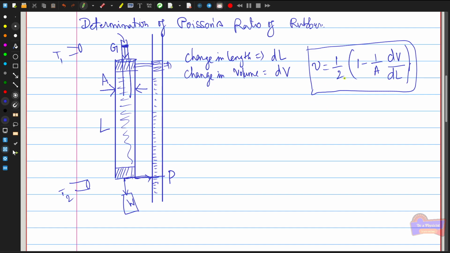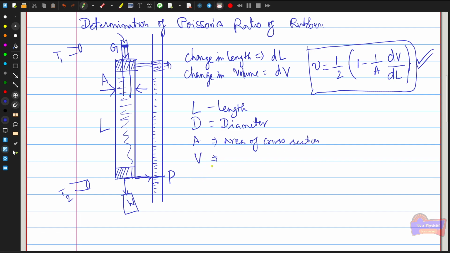So what we are going to do is derive this formula now. Let us consider the length as L, that means the length of the tube, and to find out the area of cross section, we are going to find the diameter, which is taken as D. D is nothing but the diameter of the rubber tube, A is the area of cross section, and V is the total volume of the rubber tube.